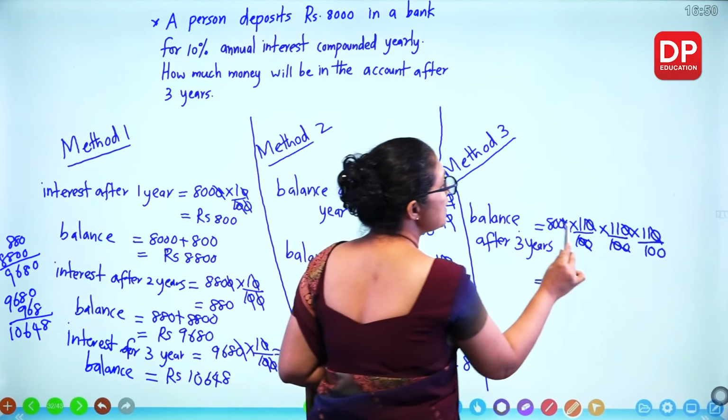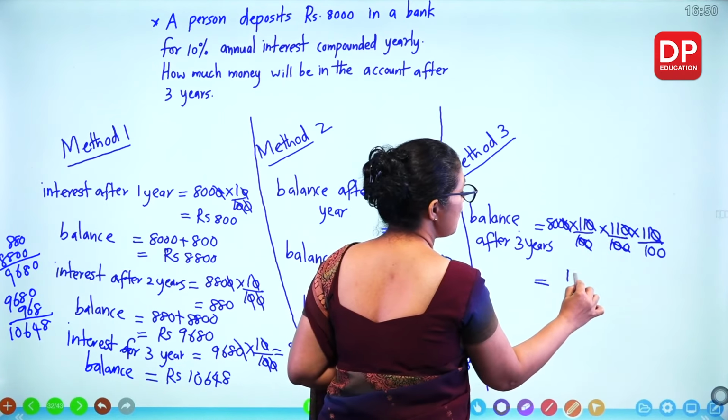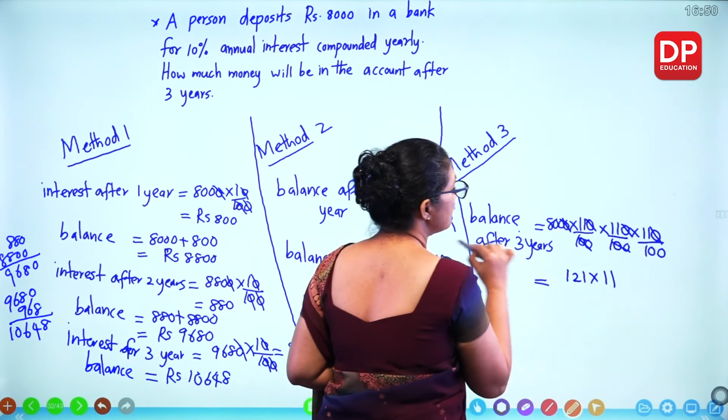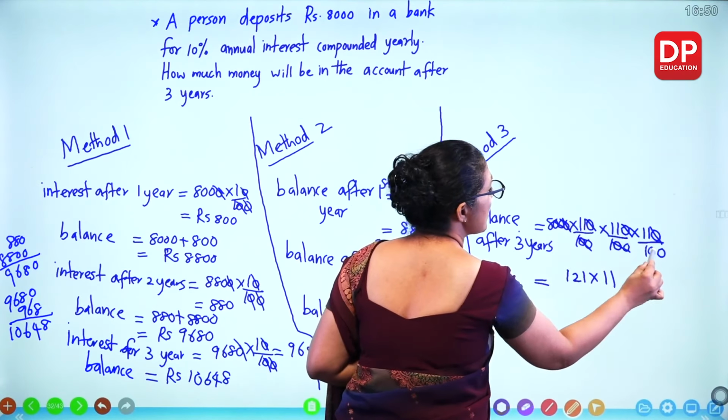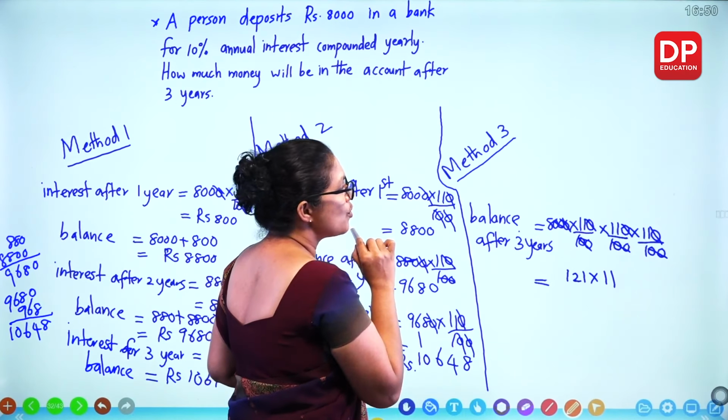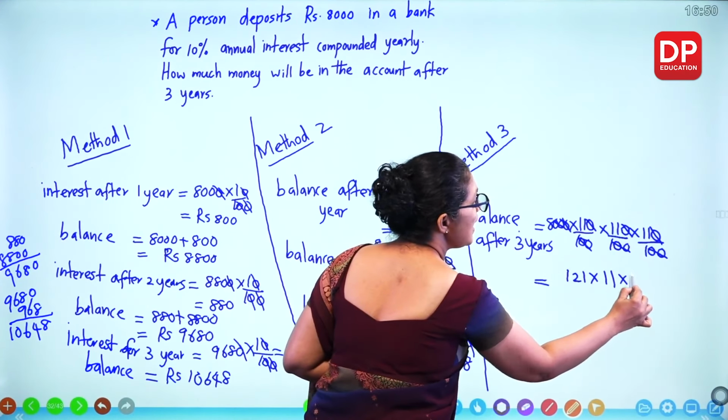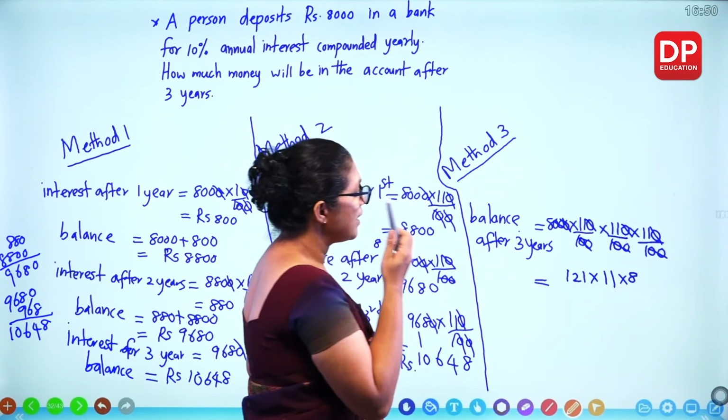So 11 times 11, 121 times 11, and these two get cancelled out with these two, and multiplied by 8 is the final solution.